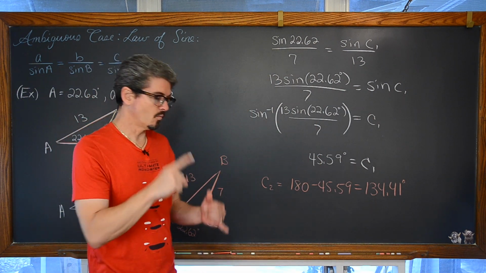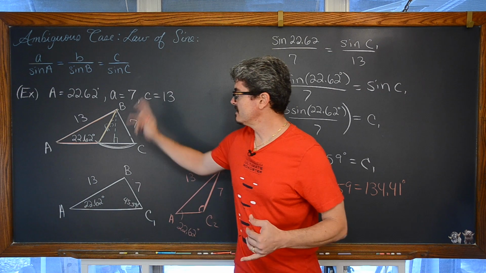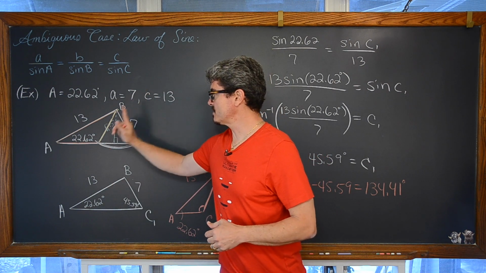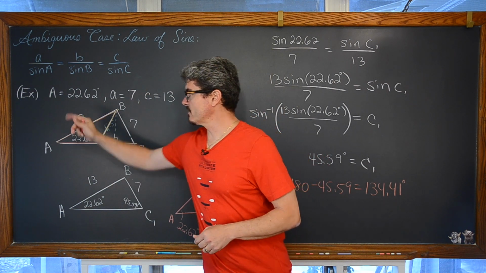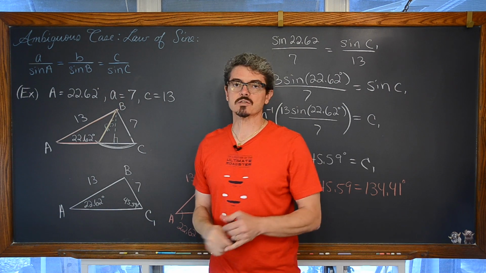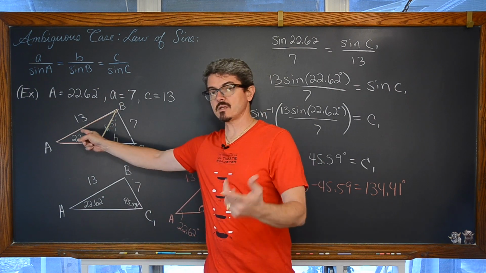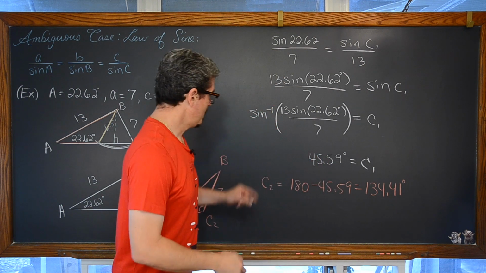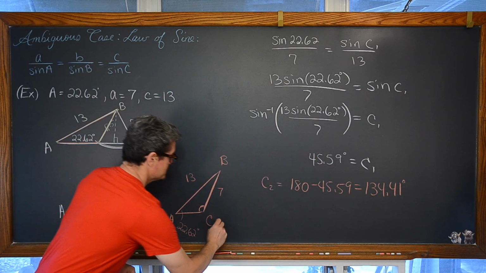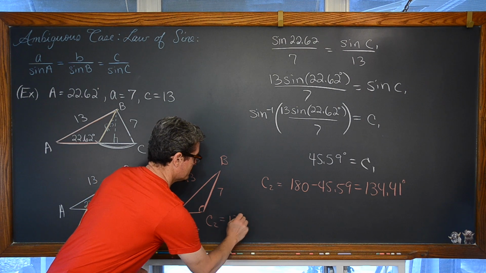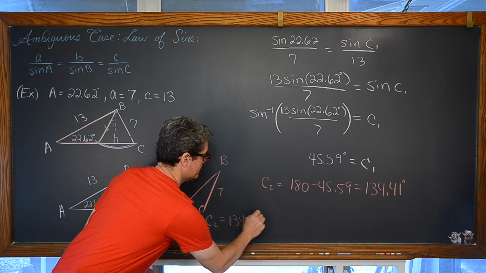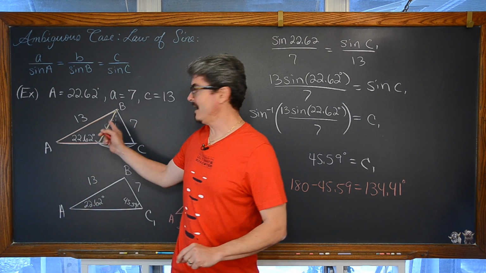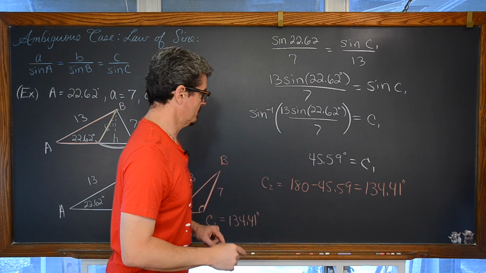Now, we may have done the sine of 22.62 is equal to h over 13, found that the height of this triangle is 5, know that the side opposite the given angle is longer than 5 and shorter than 13, thus there is a second triangle. And there is a second triangle. C sub 2 is equal to 134.41 degrees.